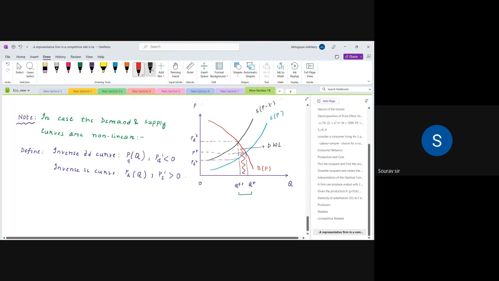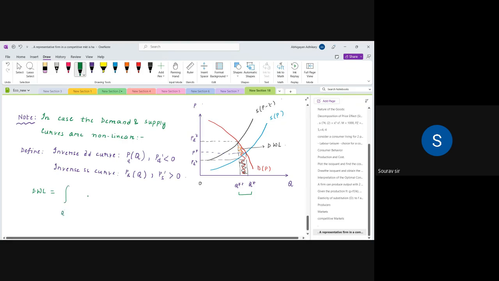In the same part, if I integrate the area under the supply curve, it will be just this part. Then subtract. If I subtract both of them, I will get my expression for deadweight loss.